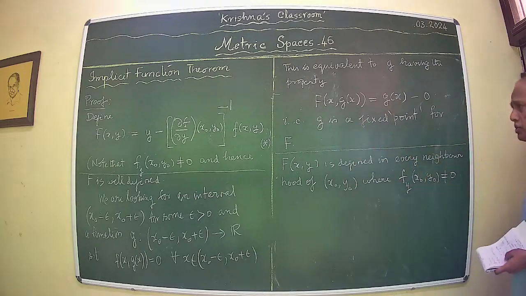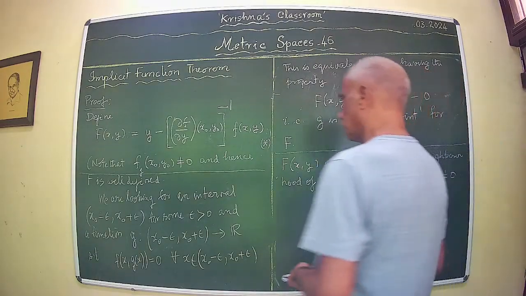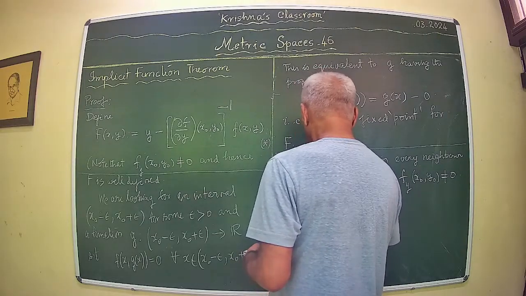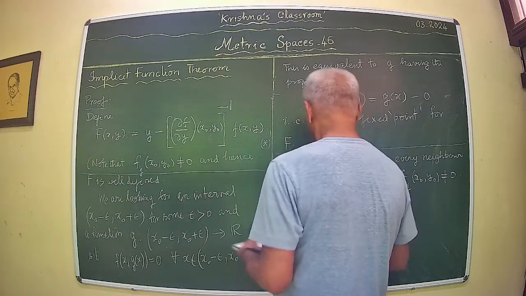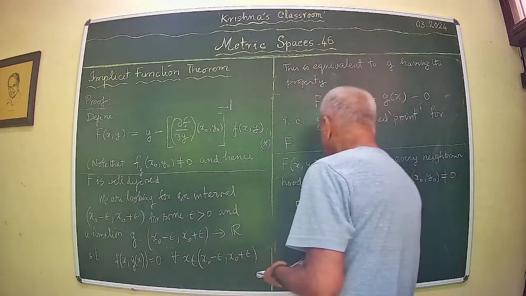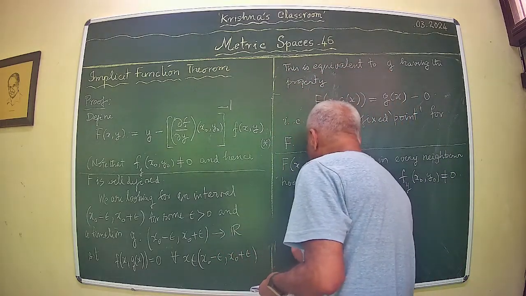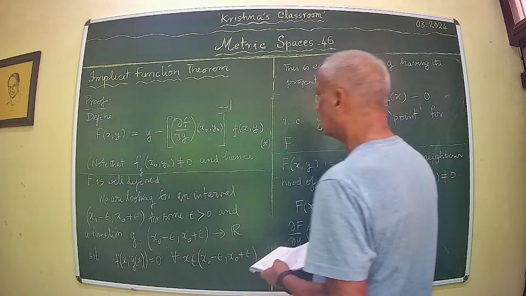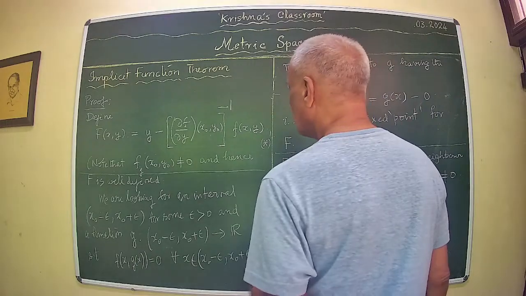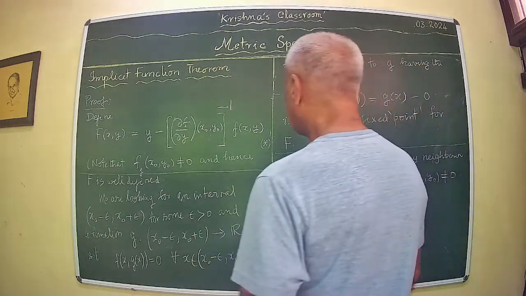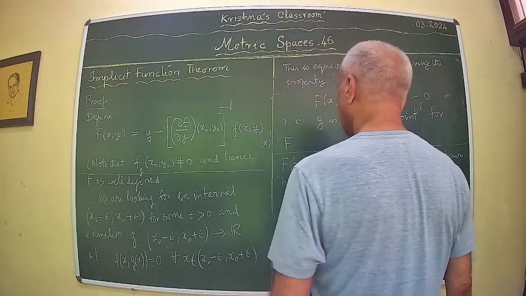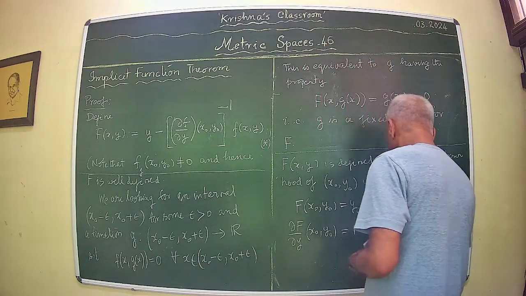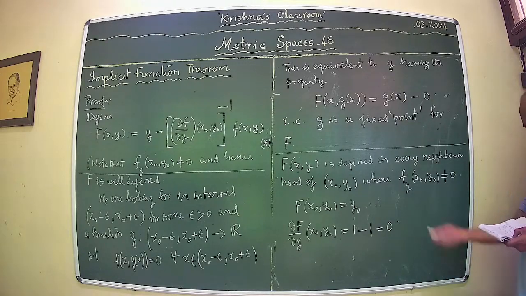And we also have all sorts of smoothness. And we further have f(x naught, y naught) equal to y naught. So also you take df by dy at x naught y naught. What would this become? 1 minus df by dy at x naught y naught, and this will be 1 minus 1. So this is equal to 1 minus 1, which is equal to 0. So these are the two things that you have.